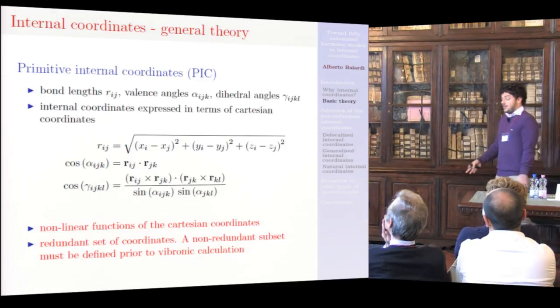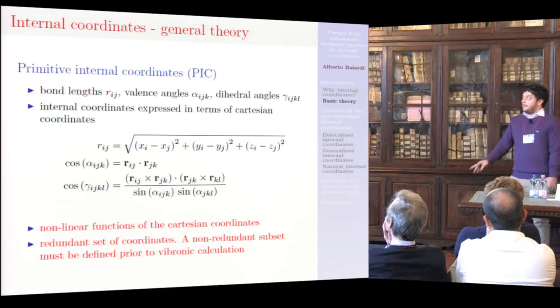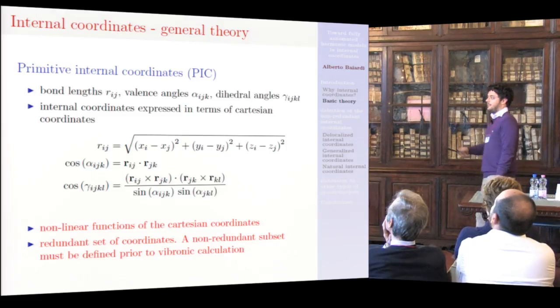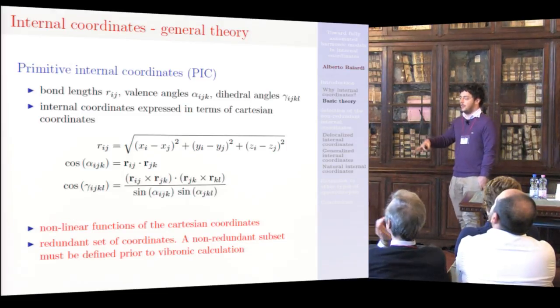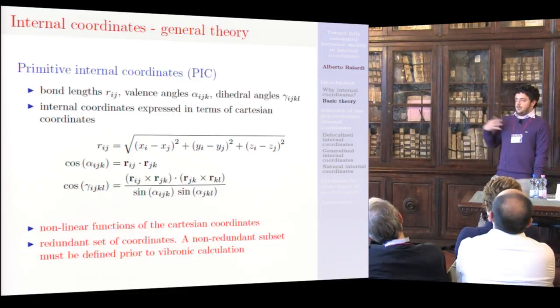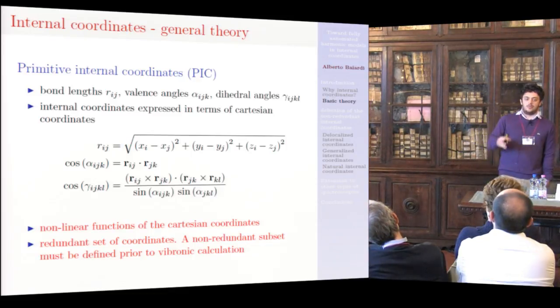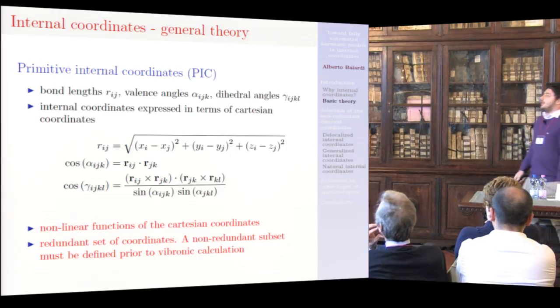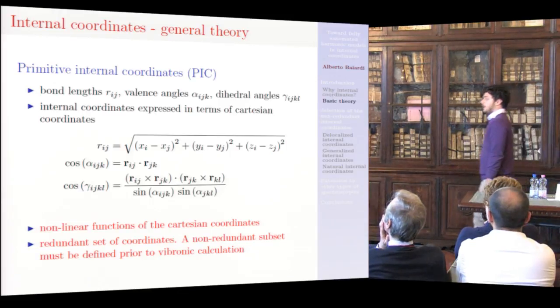And the second problem is related to the number of internal coordinates you have, because you have more internal coordinates than you actually need, because the number is greater than the number of degrees of freedom of the molecule. So before performing the vibronic calculation, you have to select a subset of those internal coordinates which is not redundant.